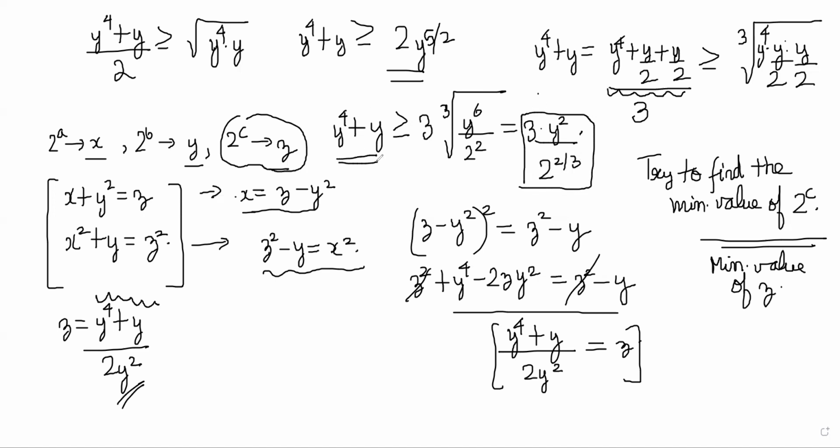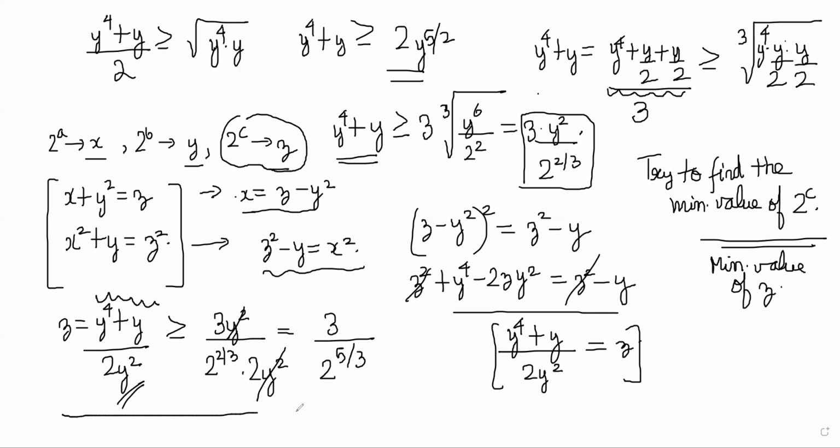So Y^4 plus Y is greater than this quantity. And 2Y squared is in the denominator, so Y squared gets cancelled and you have 3 over 2^(5/3). So Z is greater than or equal to 3 over 2^(5/3).